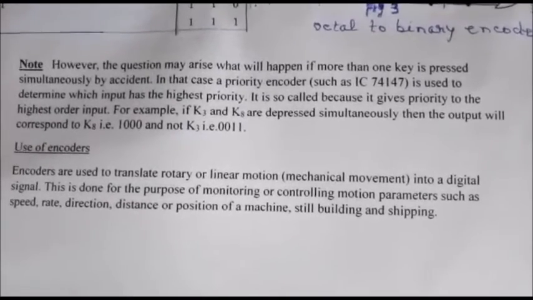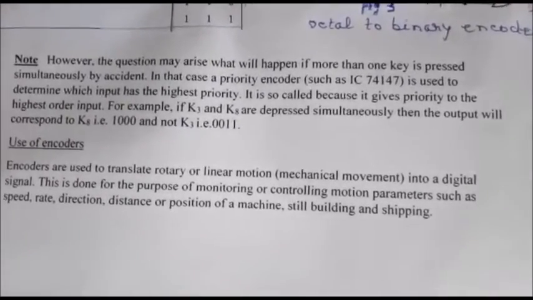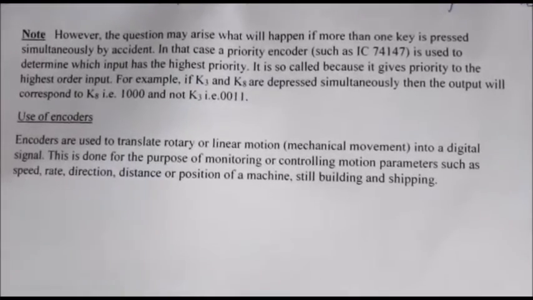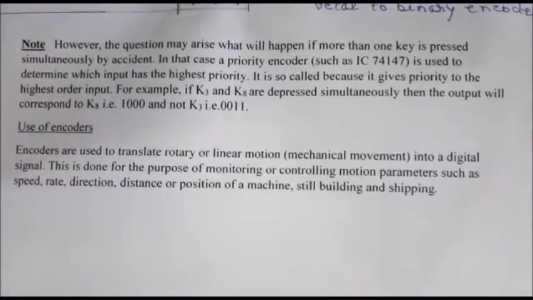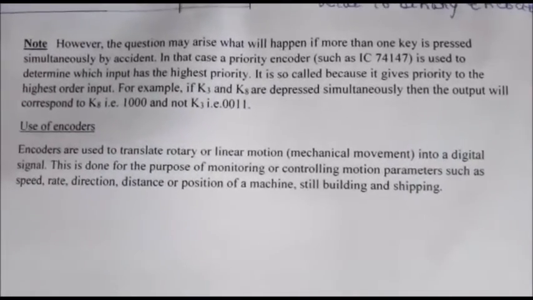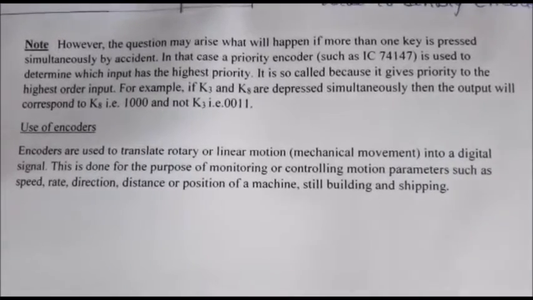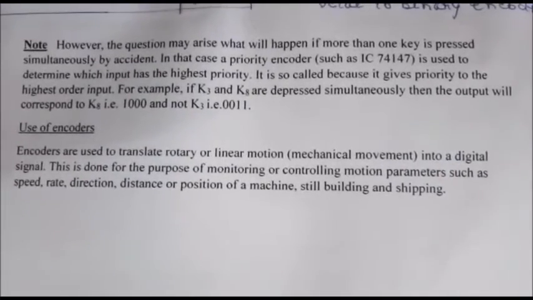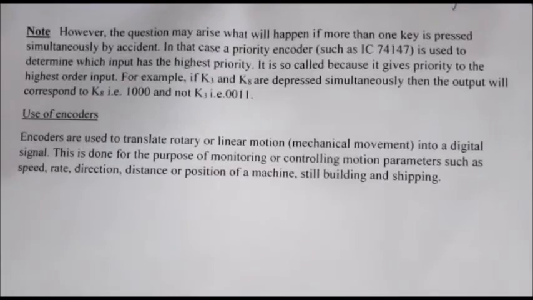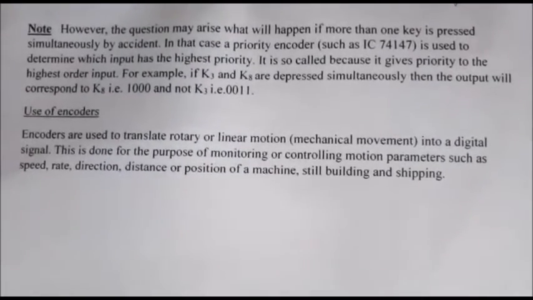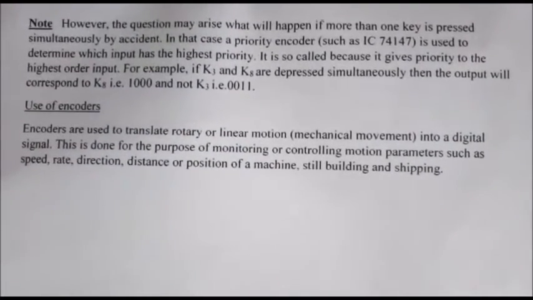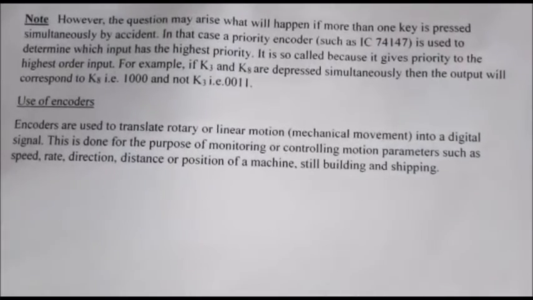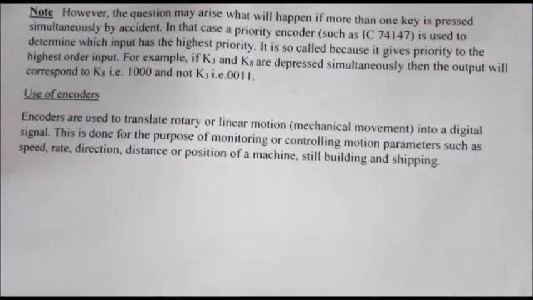It is so called because it gives priority to the highest order input in terms of binary digits, of course. For example, if K3 and K8 are depressed simultaneously, then the output will correspond to K8, that is 1000, and not K3, that is 0011.